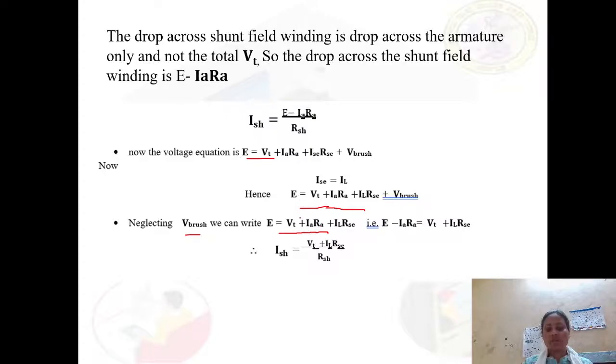And also in this expression, we can write E minus IA into RA as VT plus IL RSE.